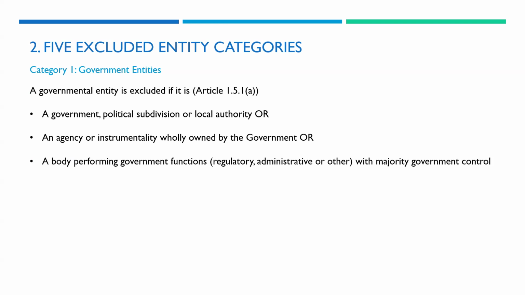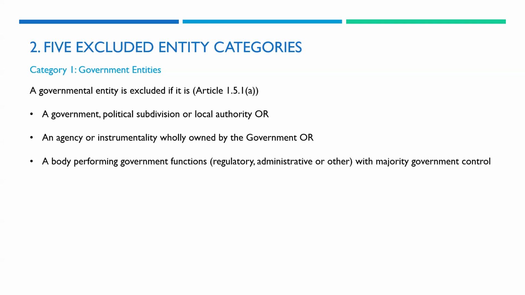Now, I want to draw some similar parallel with the entities which are excluded or exempt entities as per the UAE corporate tax law. We had a class of exempt entities before also. You can see that there could be a very similar parallel line that could be drawn in terms of excluded entities for GloBE also. So, government was excluded there and government entity was also excluded there. The same would go here.